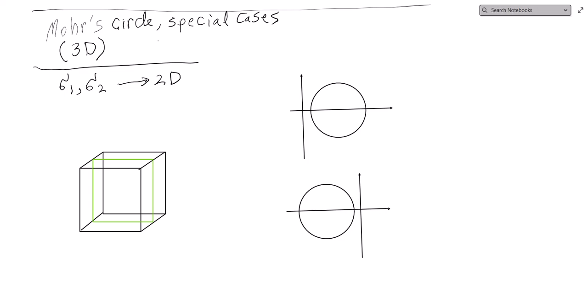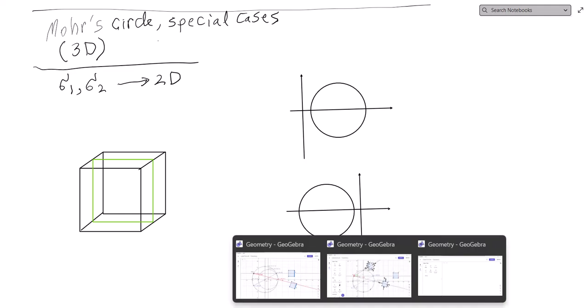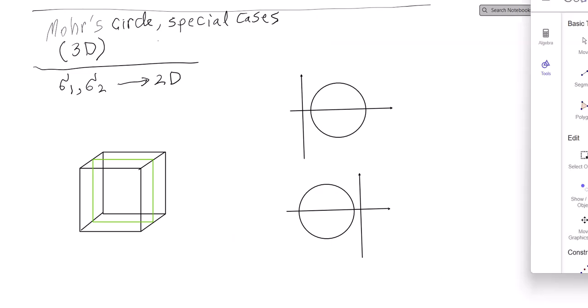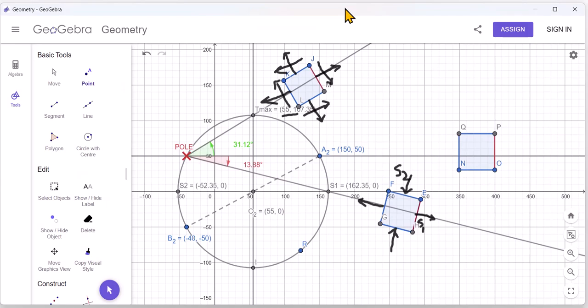We considered 2D and we constructed the Mohr circle using equations as well as the graphical approach to build the Mohr circle for a 2D case, the so-called plane stress case, and then we concluded some important points related to what we discussed before. And this is what we got out of that example.